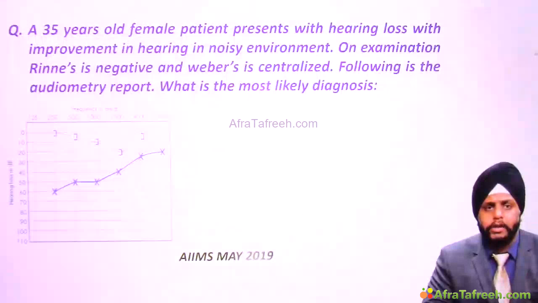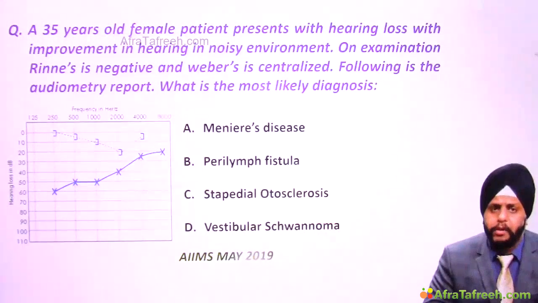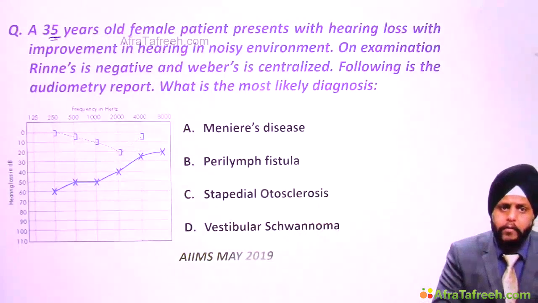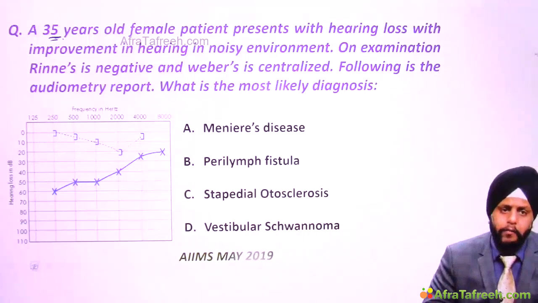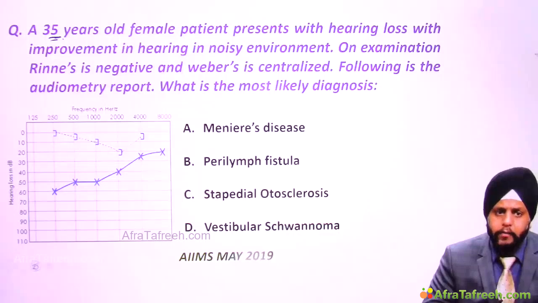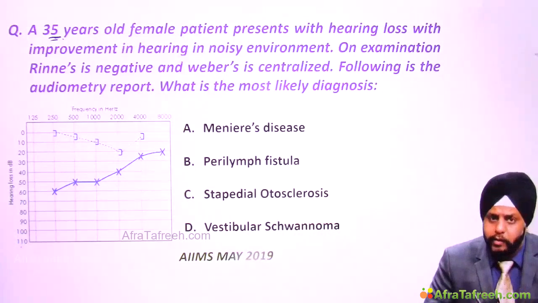Okay, next question, we have a 35-year-old female patient who presents with hearing loss with improvement in noisy environment. All right, so they have given us a female patient, and a hearing loss that improves in noise. There is paracusis willisii.